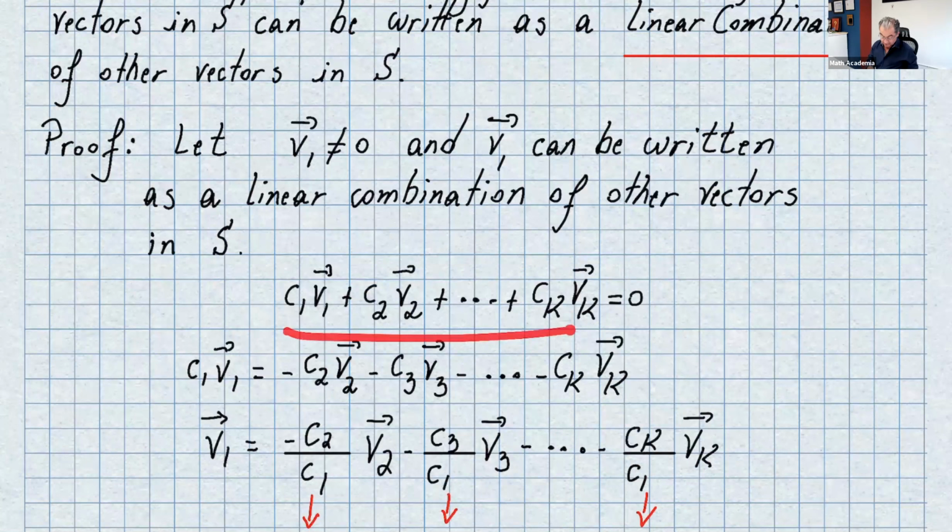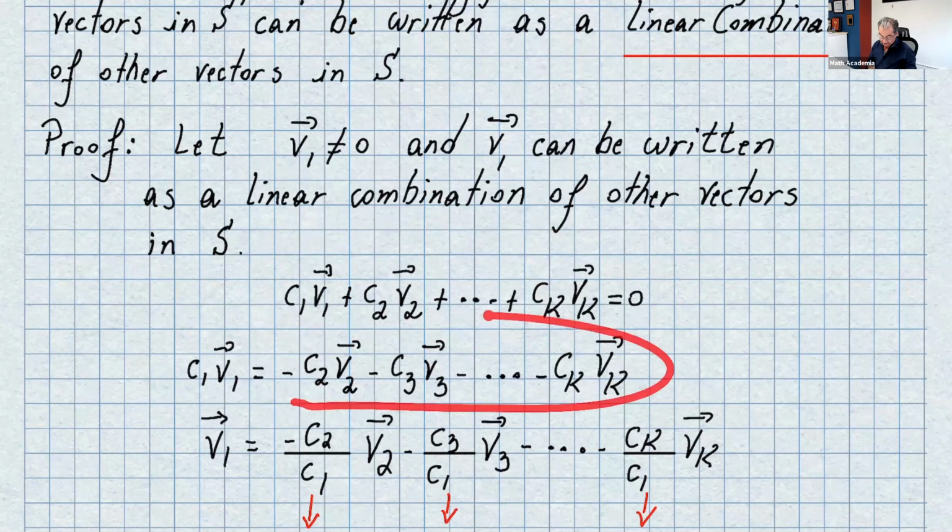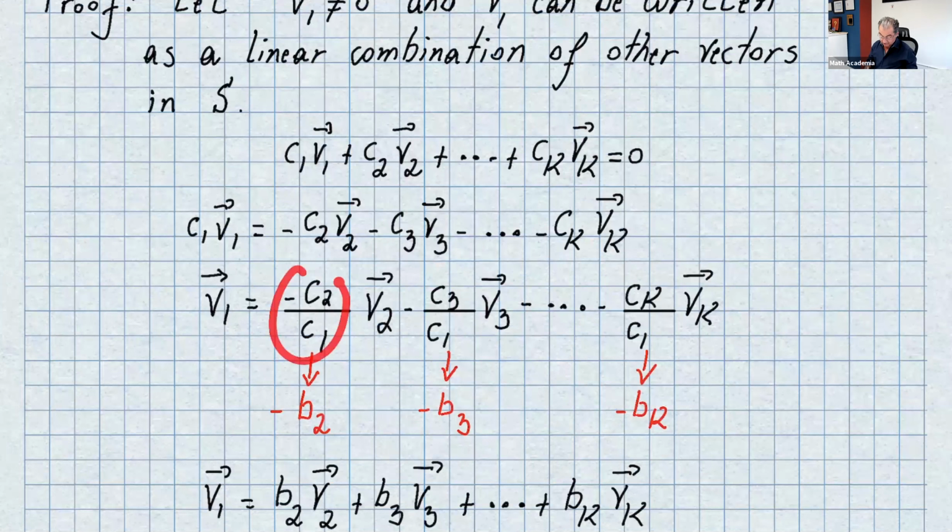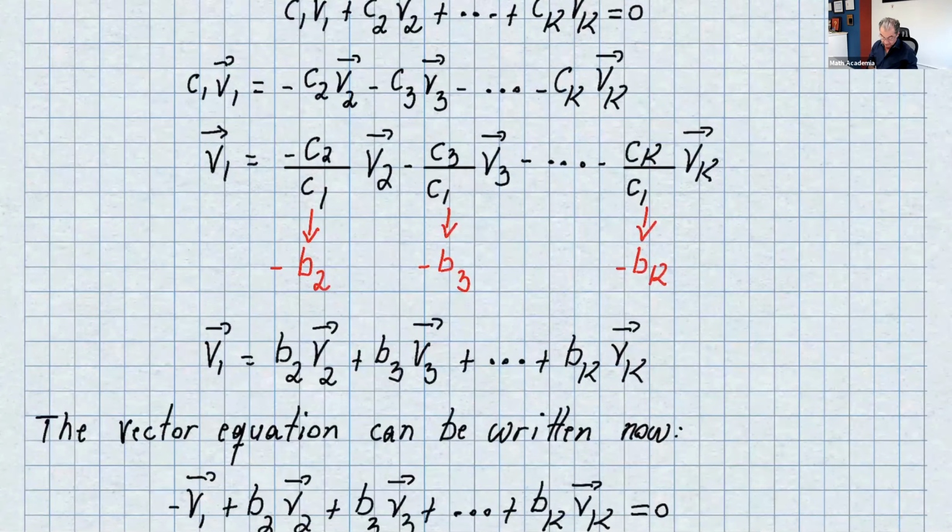We write the vector equation, and with this we can isolate C1 V1, which is going to give us negative C2 V2, negative C3 V3, and so on to Ck Vk. If we divide everything by C1, then we get those coefficients. And I did call them, just to make it easy, negative C2 over C1 as b2, negative C3 over C1 as b3, and so on. Why did I do this? Just to write v1 as b2 v2 plus b3 v3, and up to bk vk.